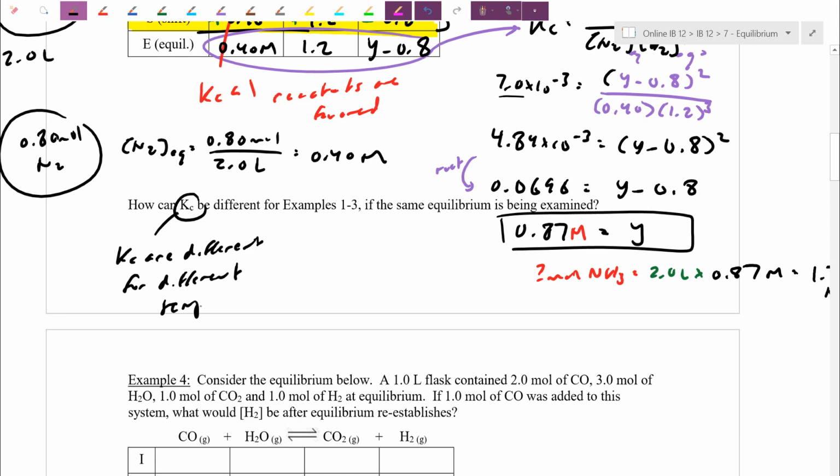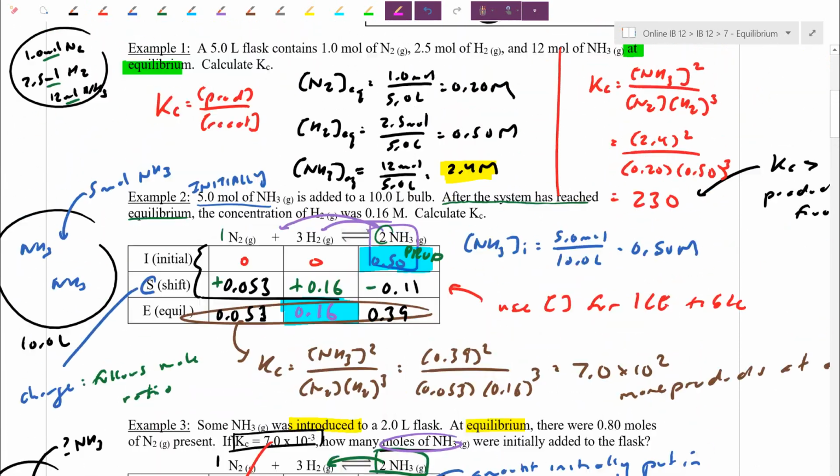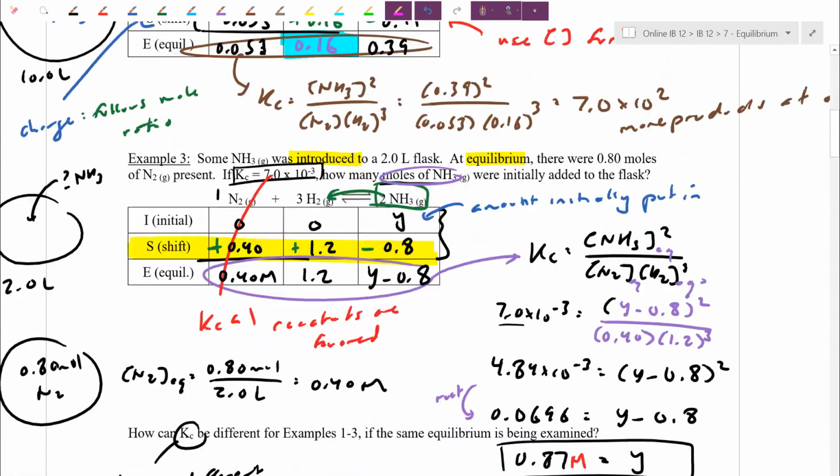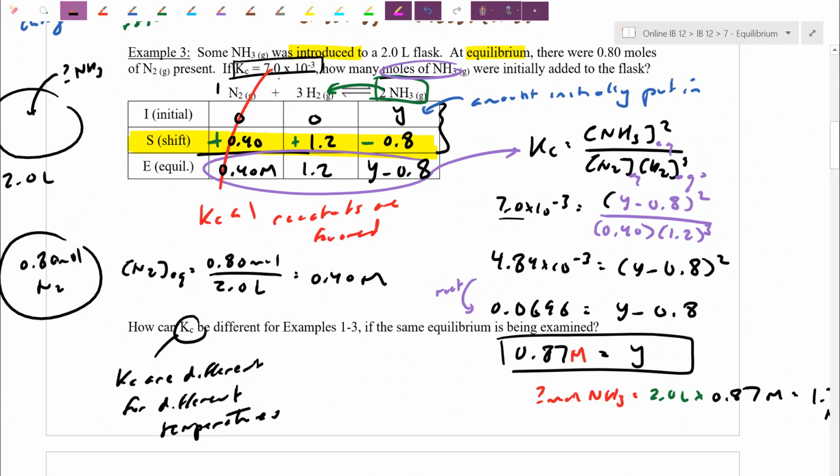They didn't specify what temperature I'm at, but I can see that the values are different. At first we had a Kc of 230, then it was 700, and then this 0.007. How could it be different? It's because we're at different temperatures. So that's the basic idea here.